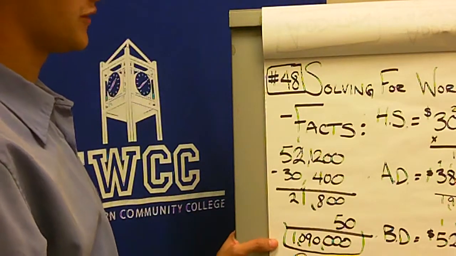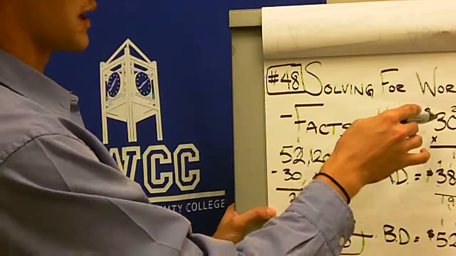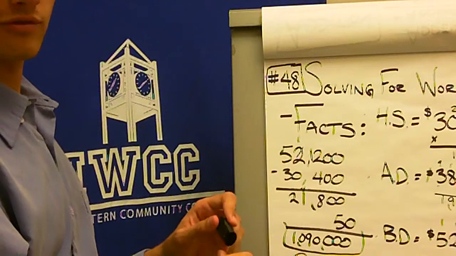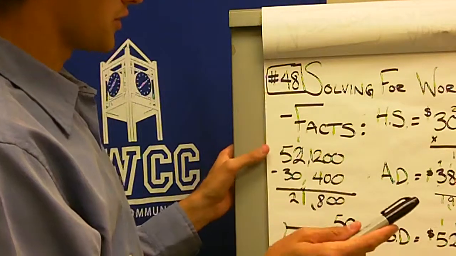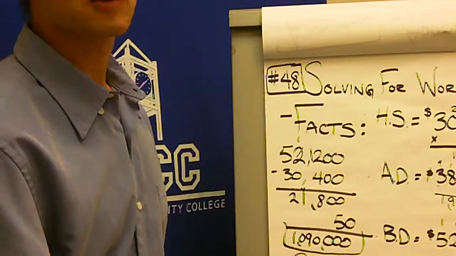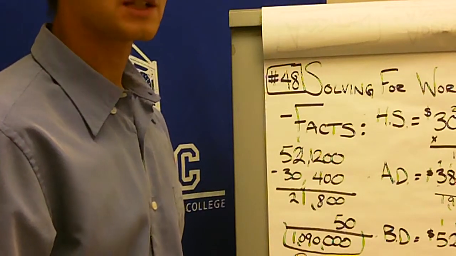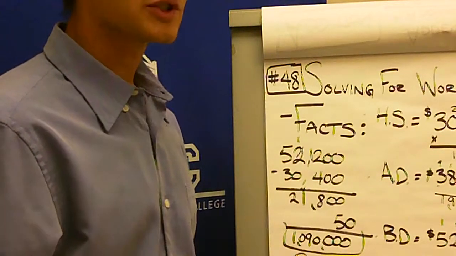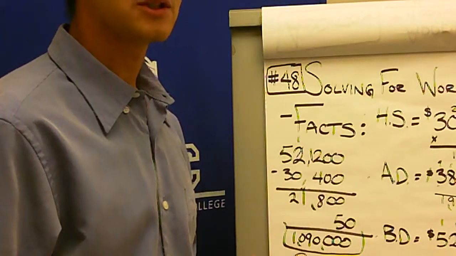And I bet if you work it out, 38,200 minus 30,400 times 50 will come up to 390,000. Why don't you check that one? Otherwise, you've got question 48 figured out. So thanks for checking out Chapter 1, and I look forward to explaining Chapter 2 to you. Thanks.